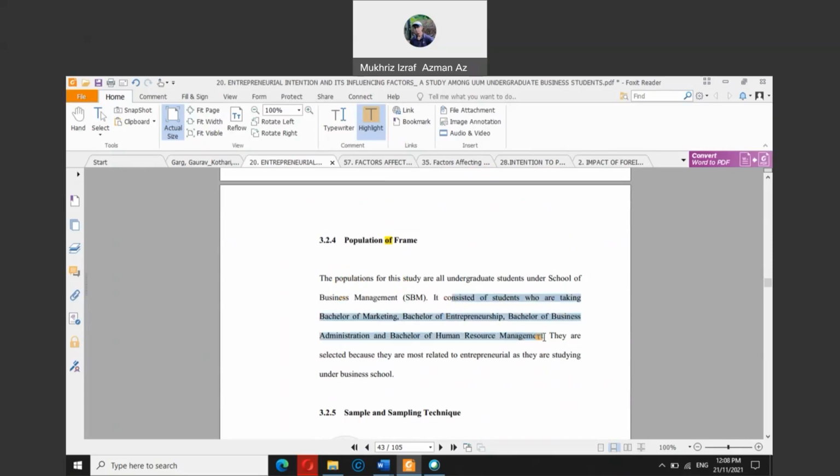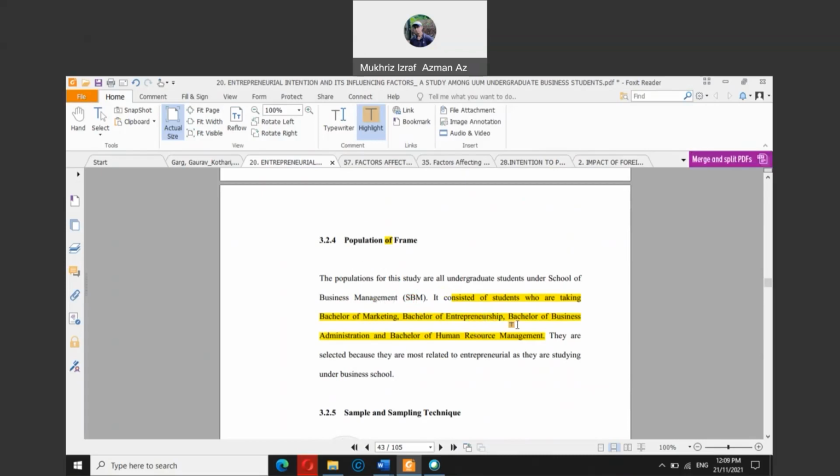This is the part where you describe the population frame in more detail, because previously you only mentioned SBM. Now under the population frame, the thesis describes in further detail what are the components, or what are the courses that students under SBM belong to.